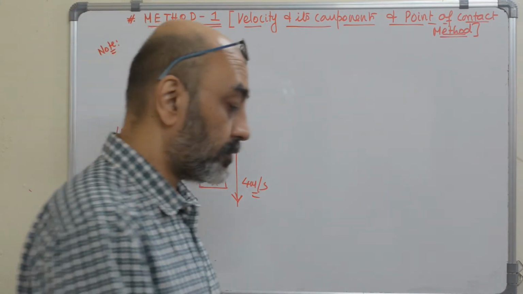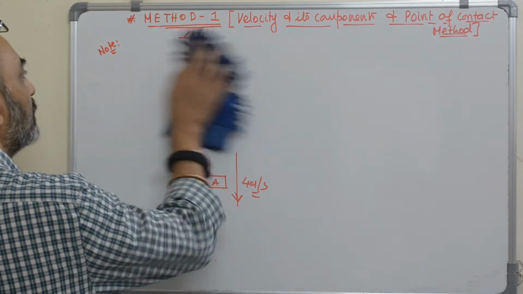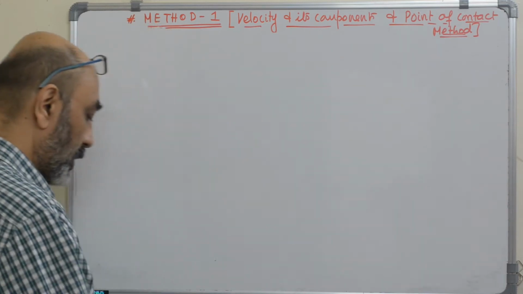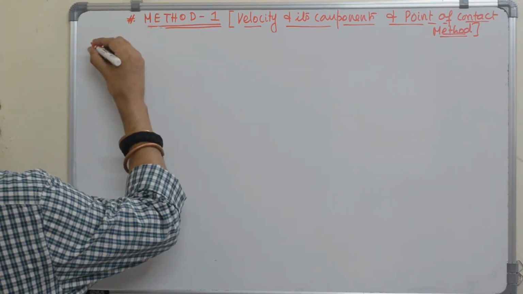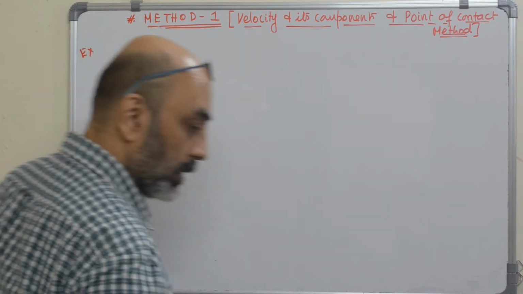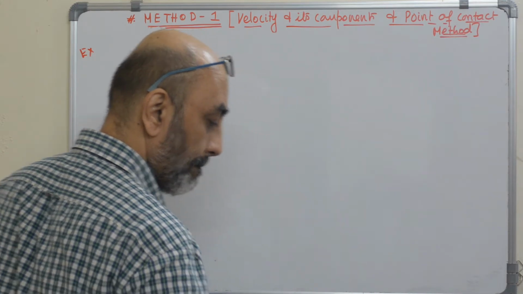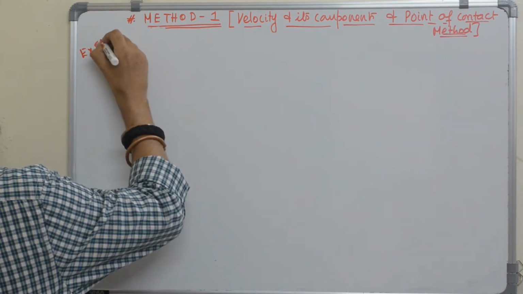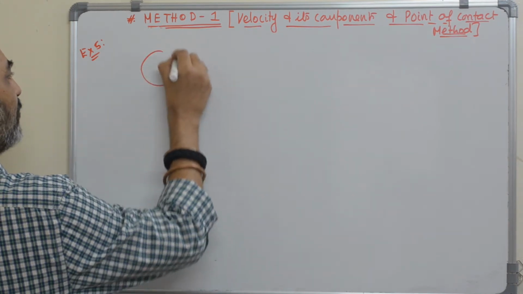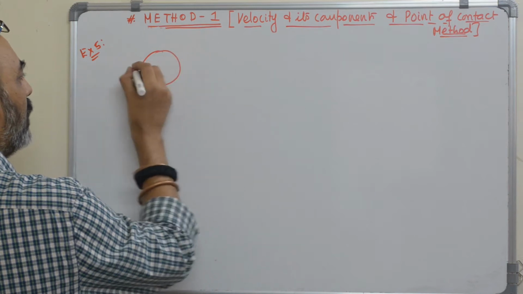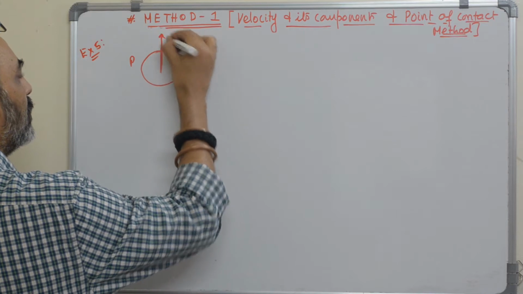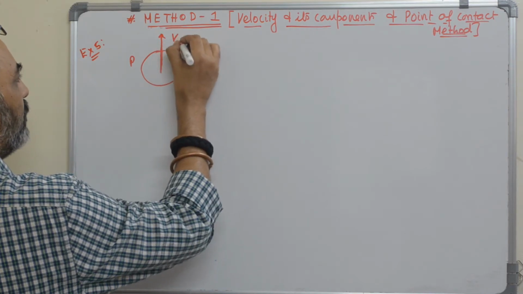But what if you have a situation like this? This I'll take as example. I'll take it as example 5, although the numbers don't match, but रहने दो इसको, example 5 लेंगे इसको. तो ये है एक formula derive करेंगे. ये है pulley, and the pulley is now moving up with a speed of Vp.